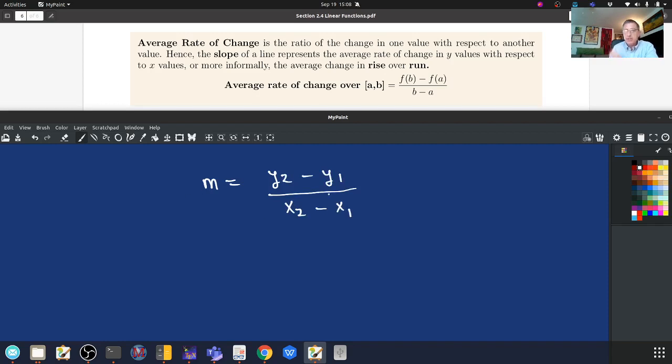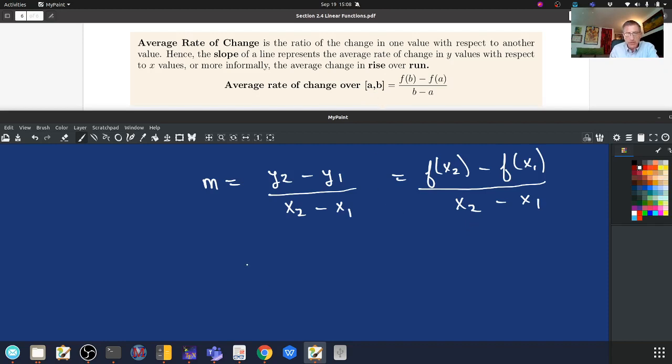But anything with the slope can be written in function form. So that's the same as f of x2 minus f of x1 over x2 minus x1, or using their terminology, over the interval AB.